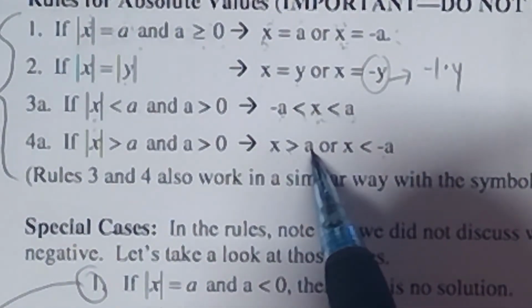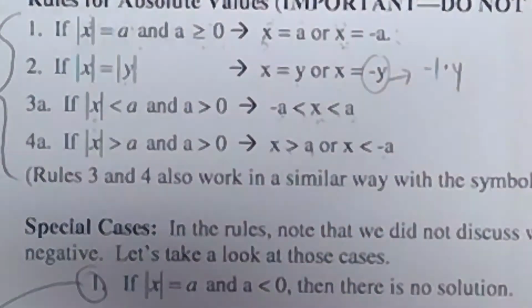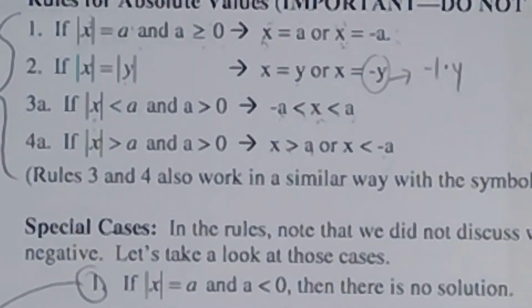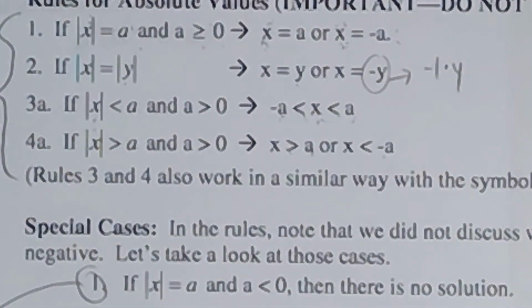It doesn't want to eat the bigger one, but it does want to eat the smaller one. It does the opposite thing from what rule number 3 does. And so that's why the shadings are in a completely different place. Instead of being in the middle, it's on the ends.